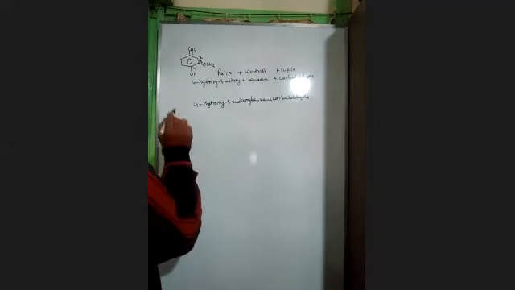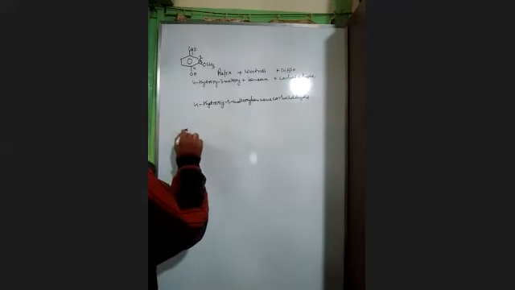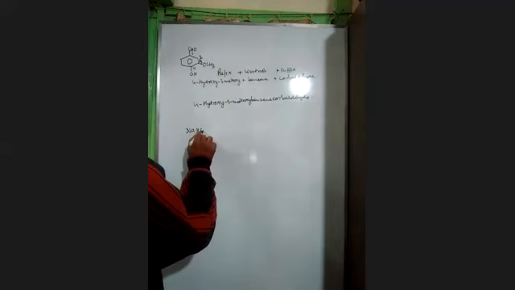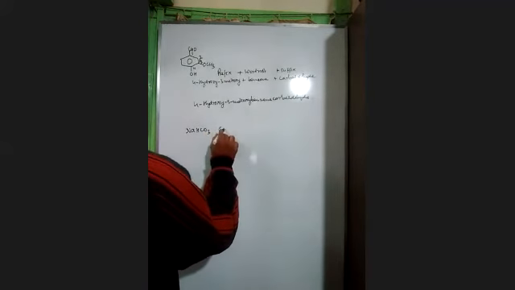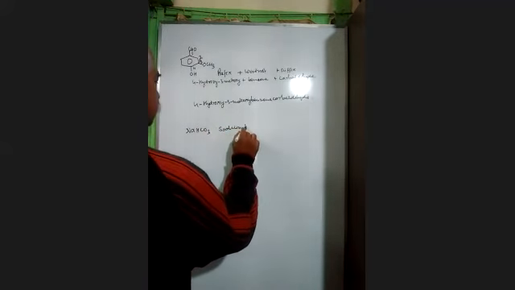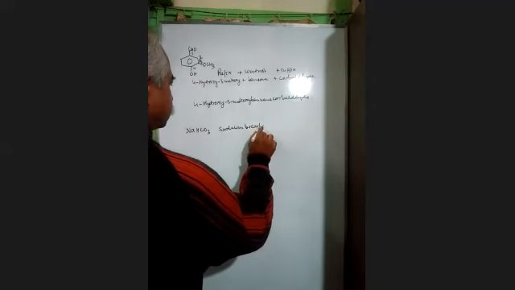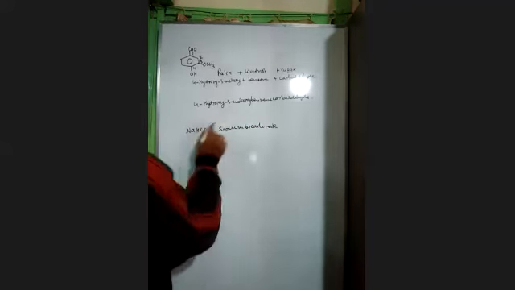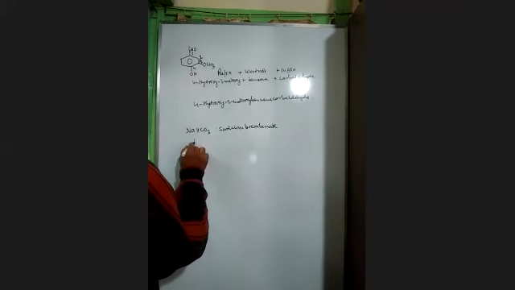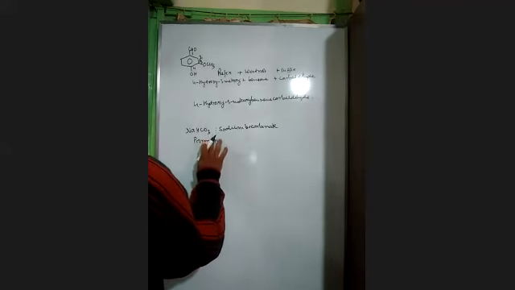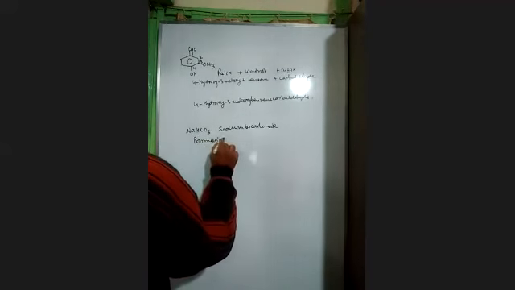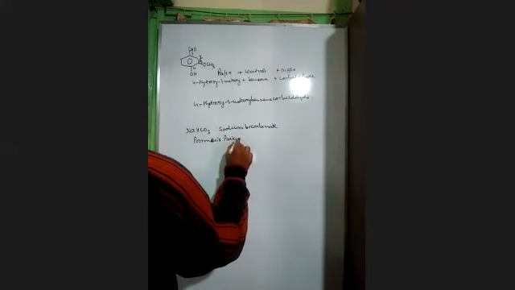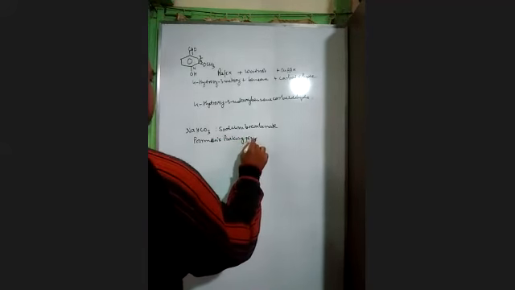See, there are 2 types of baking soda. One is sodium bicarbonate. If you heat it, it gives you carbon dioxide. Generally we call it poor man's baking powder. Why? It is very cheap.